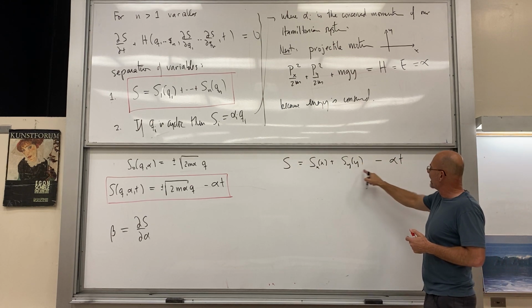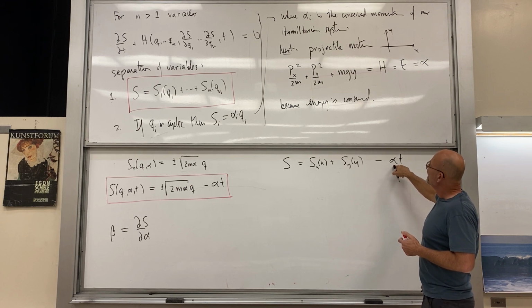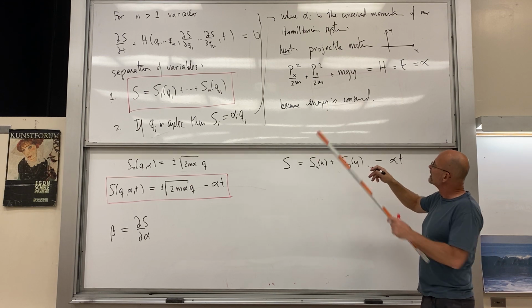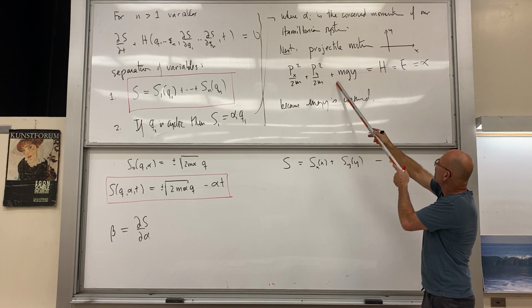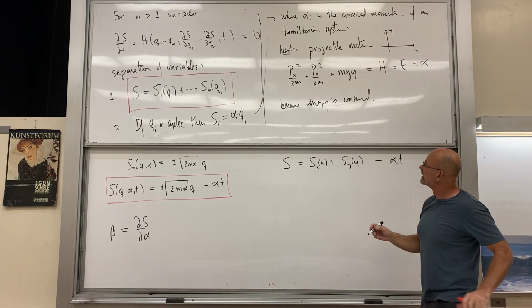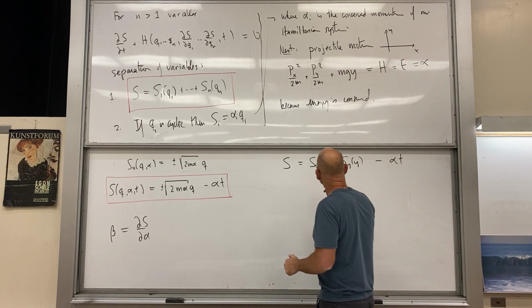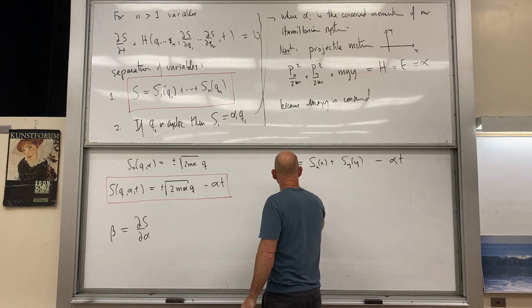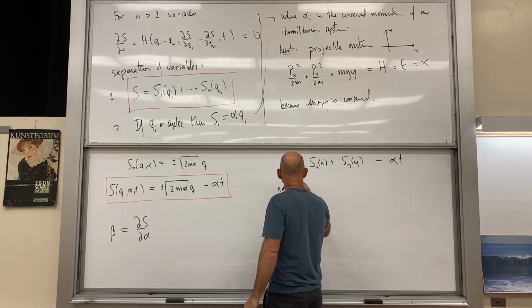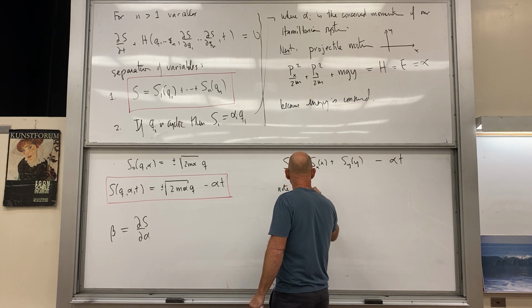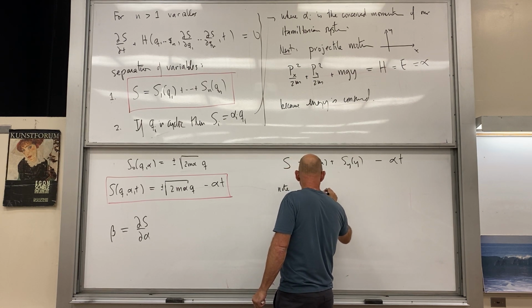Right, that's a separation of variables. And because we have this Hamilton-Jacobi equation, we have dS/dx is equal to alpha.